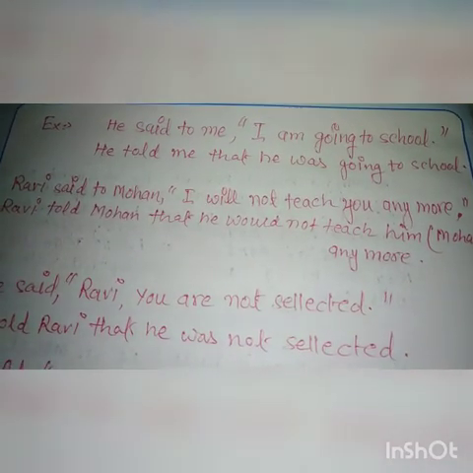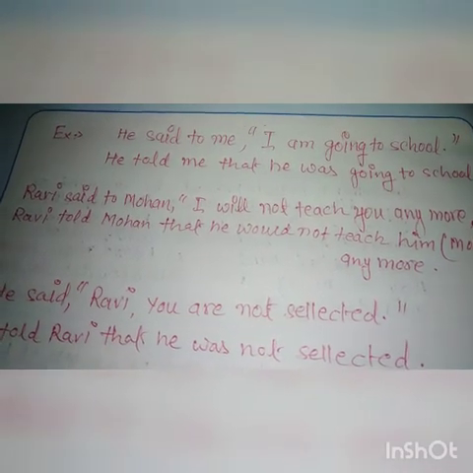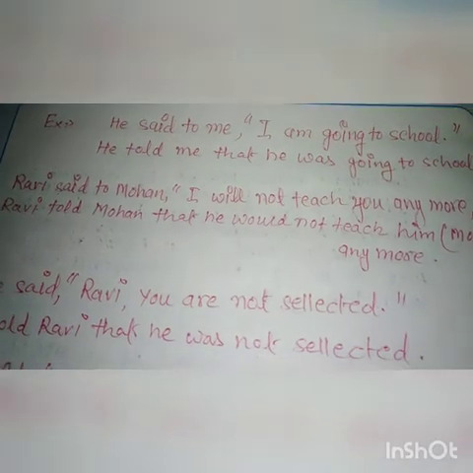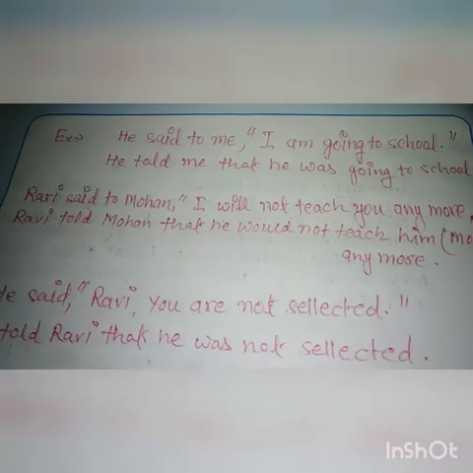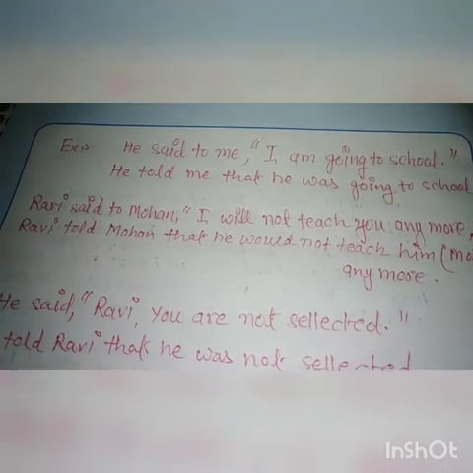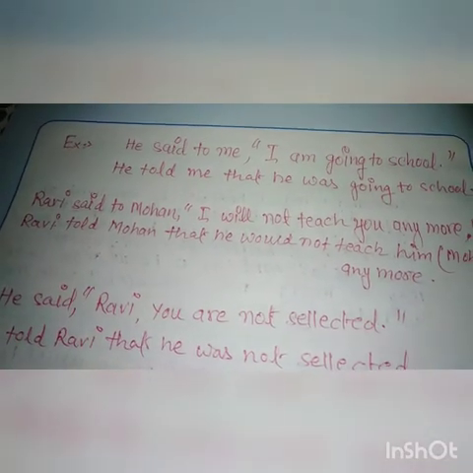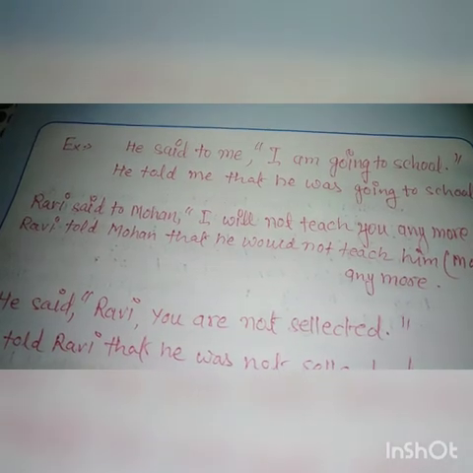Now you just see, in the reporting part we have Ravi and Mohan. For both we can write the third person pronoun he. So there is a doubt which he would be for Ravi and which he would be for Mohan.